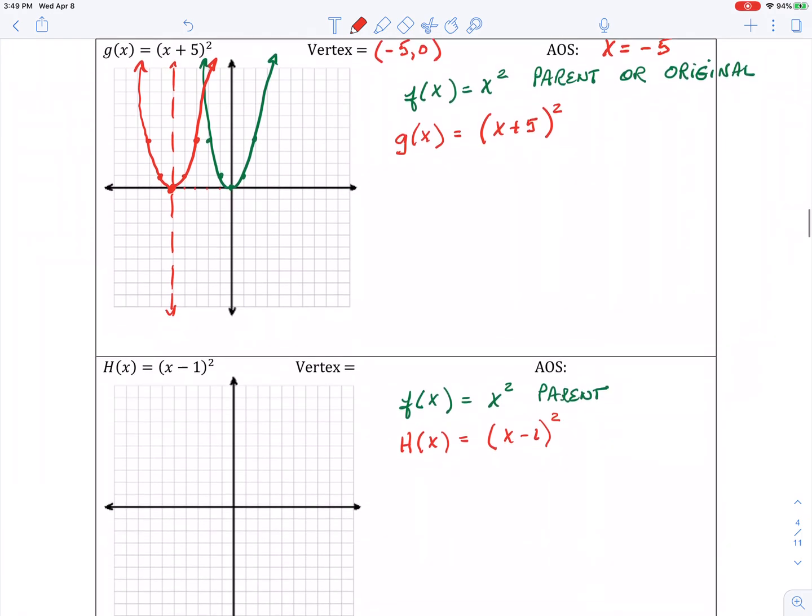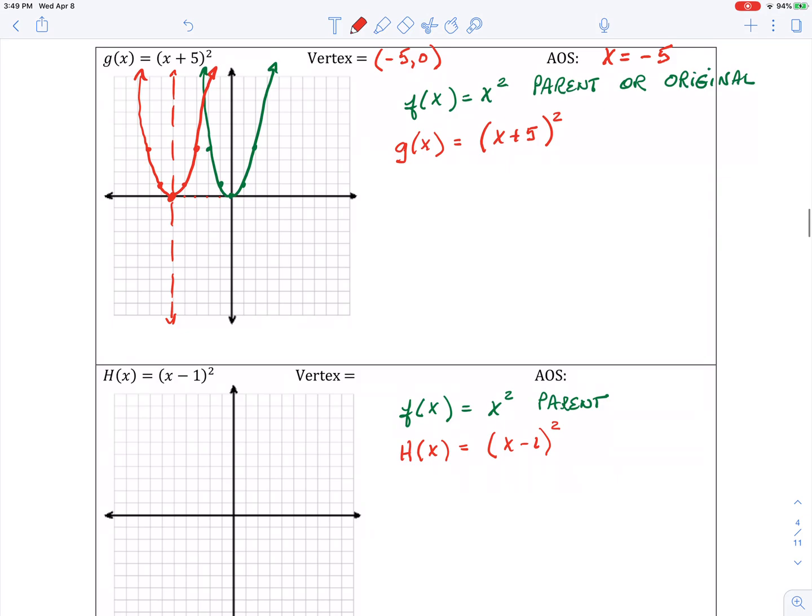All right, one more. Real quickly, I'll see if I can leave that one on screen for you. So again, let me quickly sketch in 0, 0, negative 1, 1, 2, 4, negative 2, 4. Here's the parent, the basic starting parabola. And then I'm looking at this h of x, and I'm noticing that there's a -1 inside the parentheses squared, which tells me the parabola is going to shift 1 to the right.